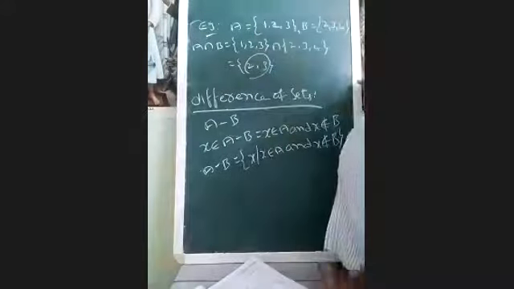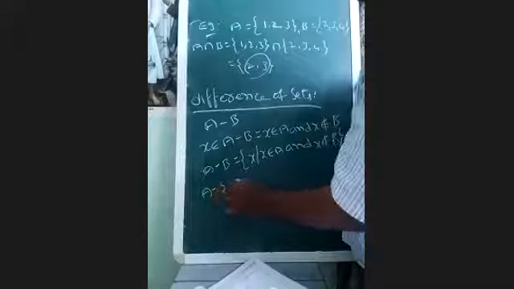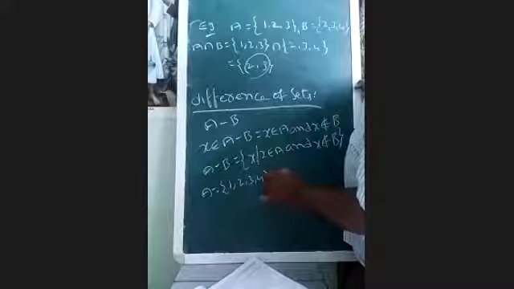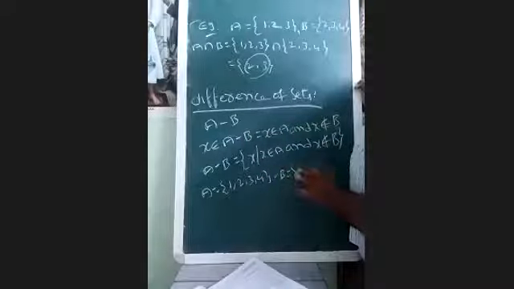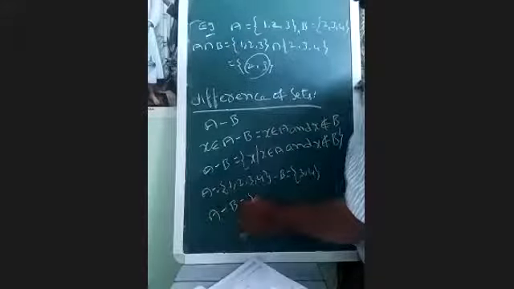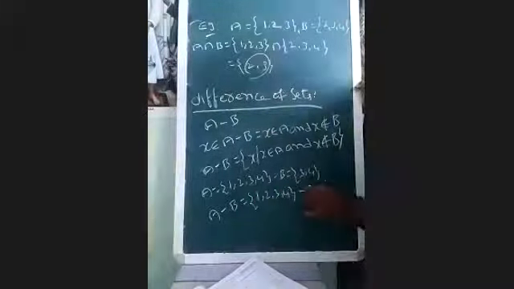For example, let us take A is equal to {1, 2, 3, 4} and set B is equal to {3, 4}. A minus B: set of 1, 2, 3, 4 minus set of 3, 4.